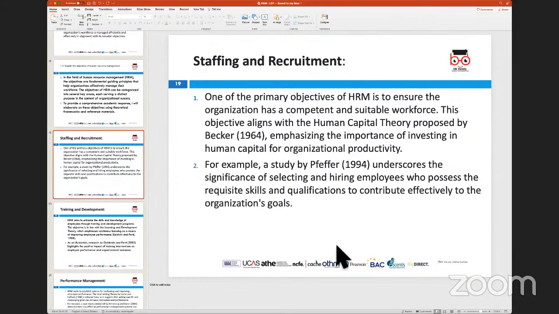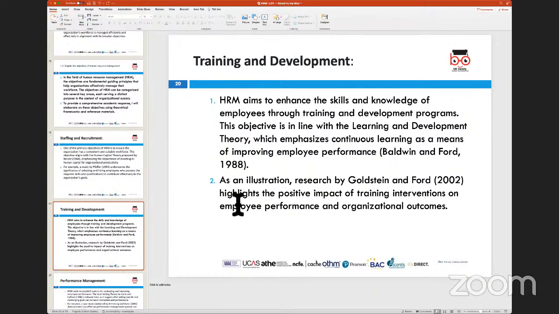The other thing you have to look at, if I go into some detail, is the next function, which is training and development. Here there's an example wherein employee skills need to be sharpened or enhanced, and knowledge needs to be increased in terms of handling some of these situations.